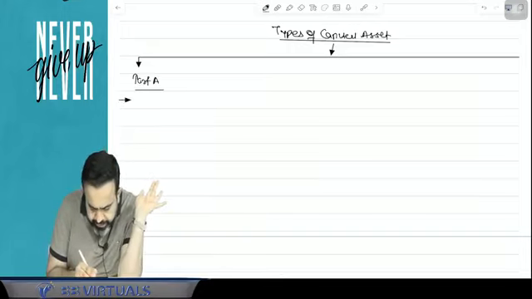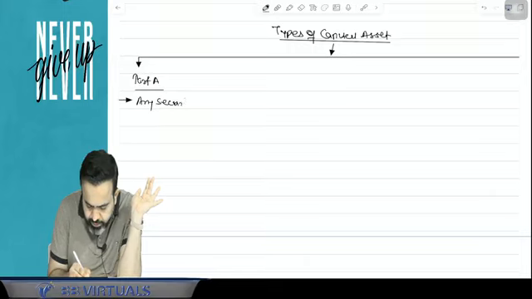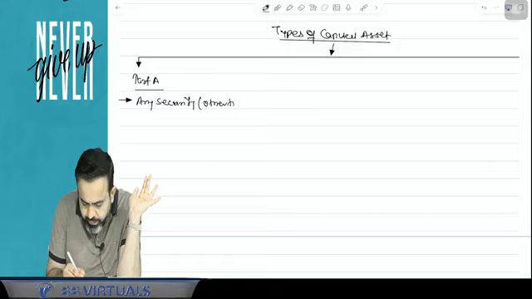One is in case of any security other than units.